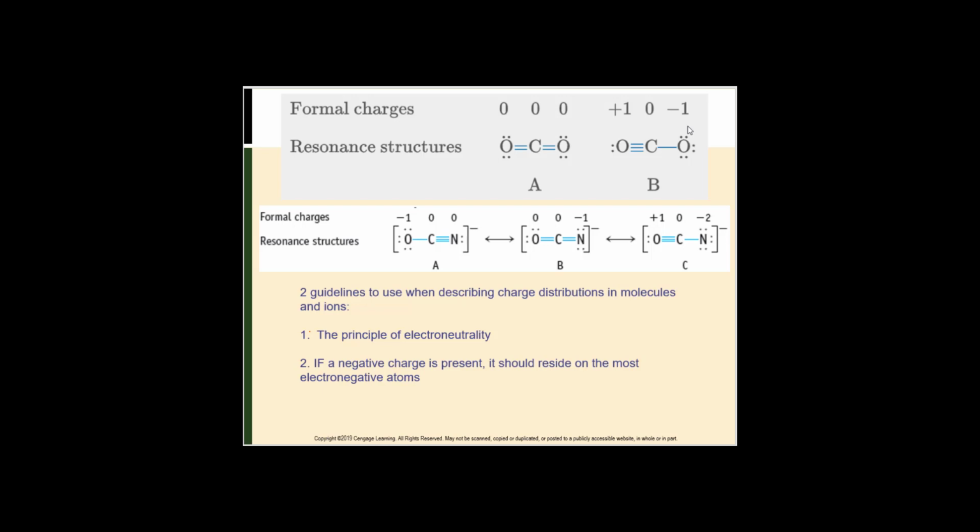Also, B places a positive charge on an oxygen atom, which is also unsatisfactory because carbon is less electronegative than oxygen. So any positive charge in this molecule should be on the carbon. Therefore, the best description for CO2 is structure A. At the same time, because the electronegativity of oxygen is greater than carbon, the polar bond is still there.